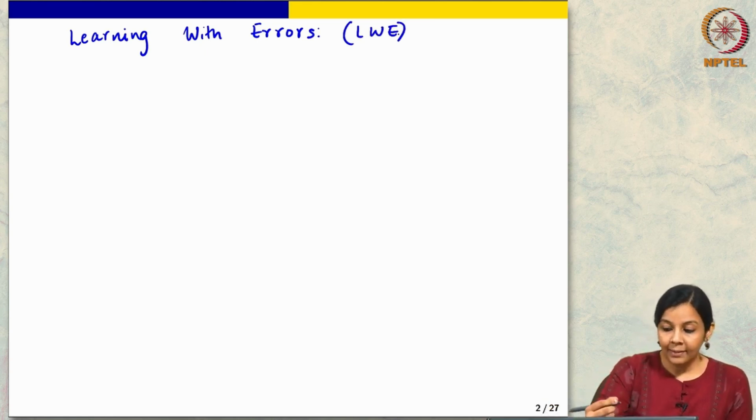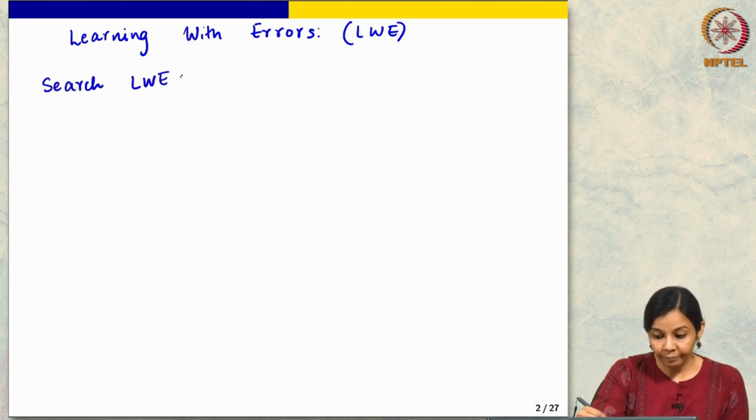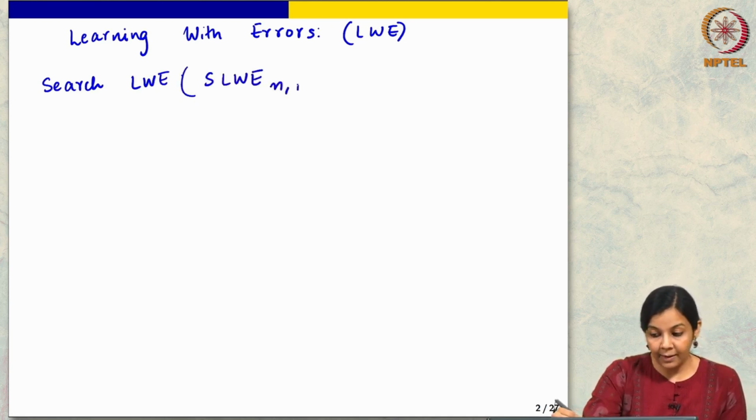And we have two versions of this. There is a search and a decision version. Let me define the search version first. We will denote this as SLWE with parameters N, M, Q and chi.